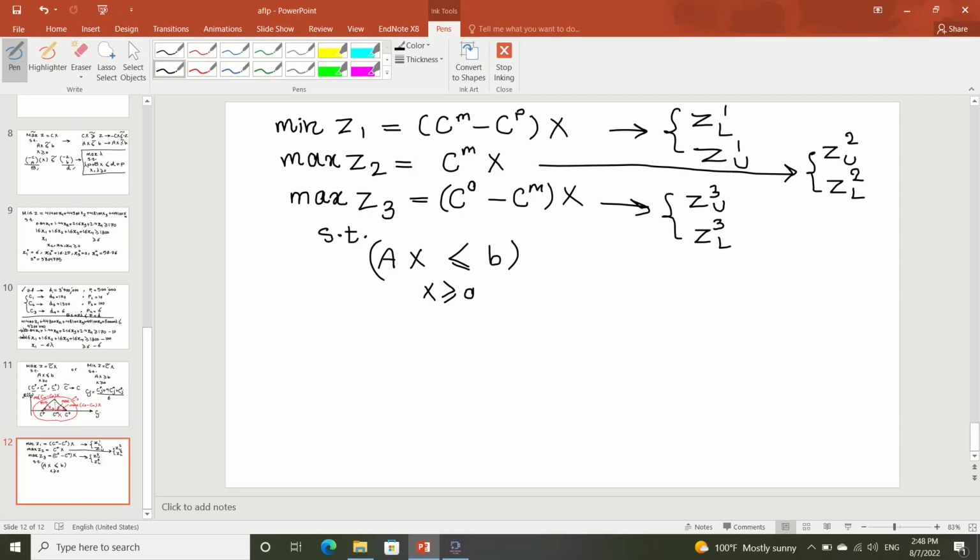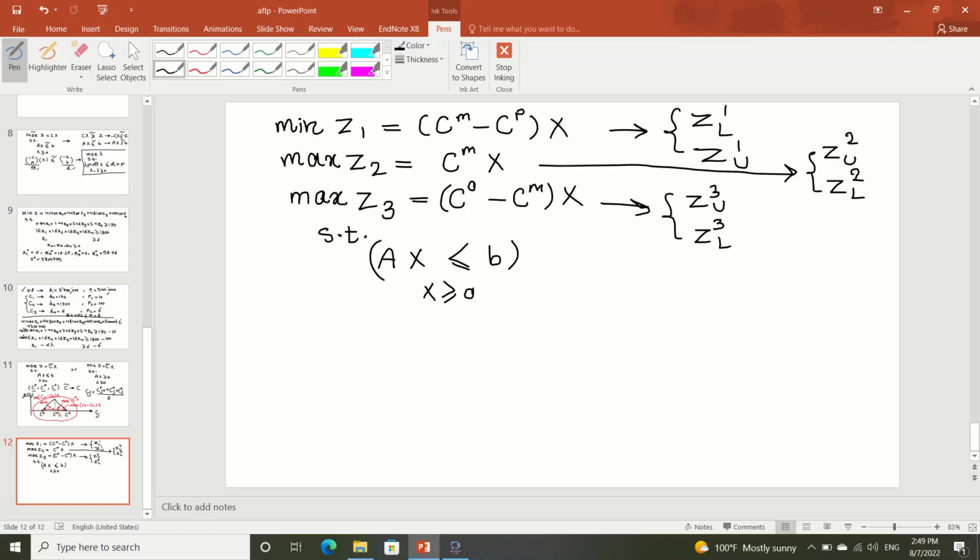And as you know, according to the formulation that I said in previous sessions, we obtained the structure of converting the fuzzy linear programming to the crisp linear programming, especially for the objective function.